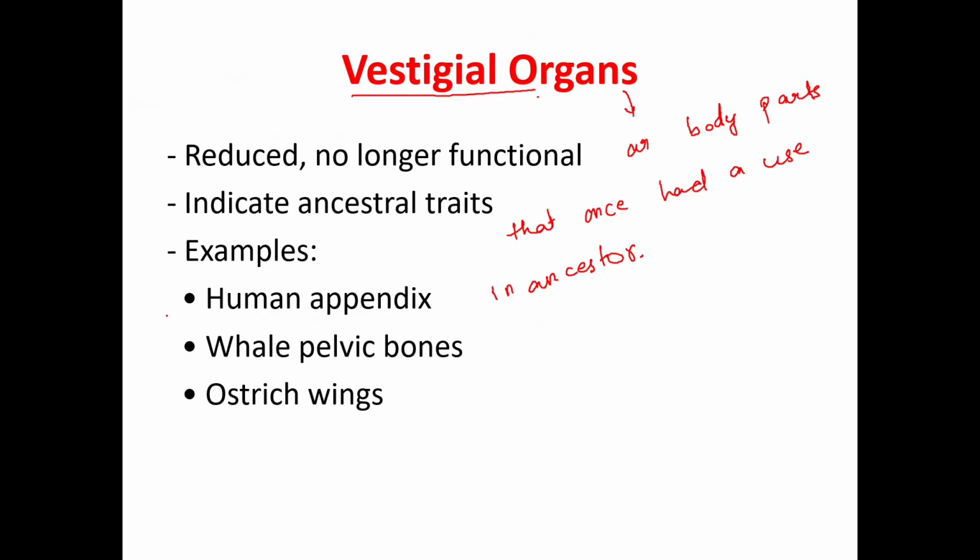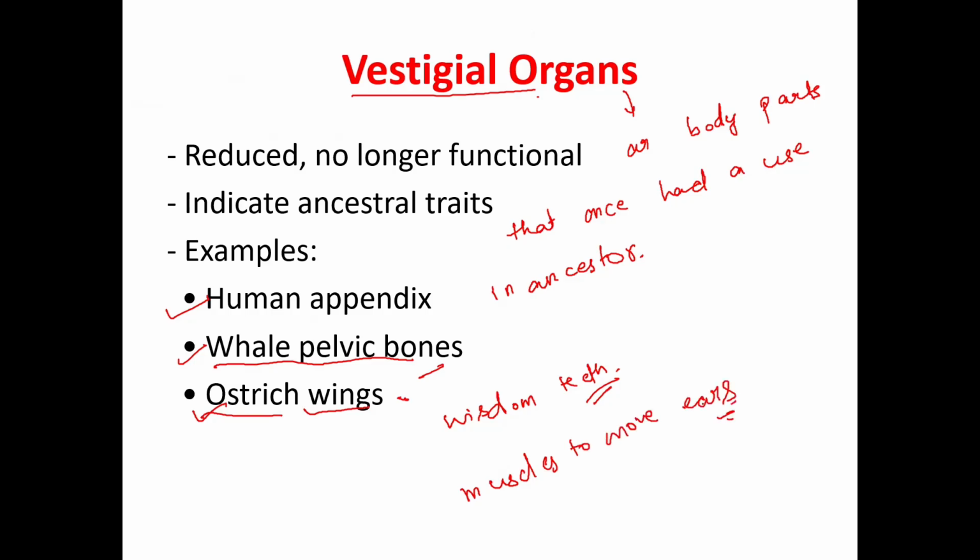For example, the human appendix, wisdom teeth, ear muscles. The whale pelvic bone has no use today. Ostrich wings: the ostrich is a bird that doesn't fly, so it doesn't need wings. Another example is wisdom teeth. Muscles to move the ear, no need for this. These are reduced forms, no longer functional, indicating ancestral traits.